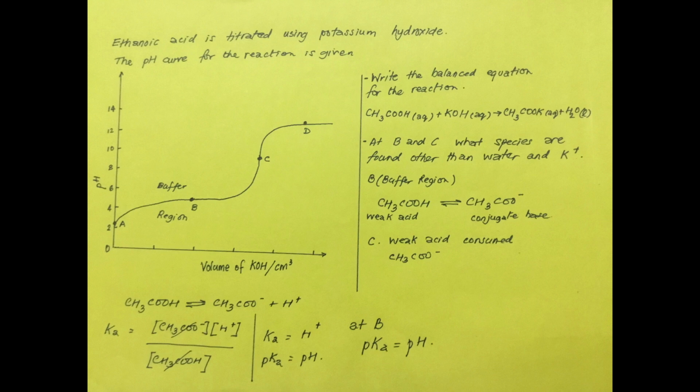And if Ka is equal to H+, we should also be able to say that pKa, the negative log to the base 10 of Ka, is equal to pH, the negative log to the base 10 of H+. So with pKa being equal to pH at B, that is another important point to note for questions, and it's also important in helping us to select the buffer and helping us to select the appropriate indicator for use in this titration.